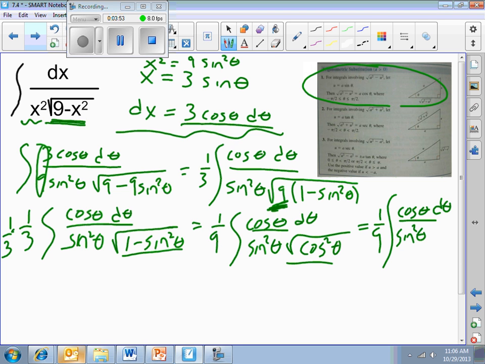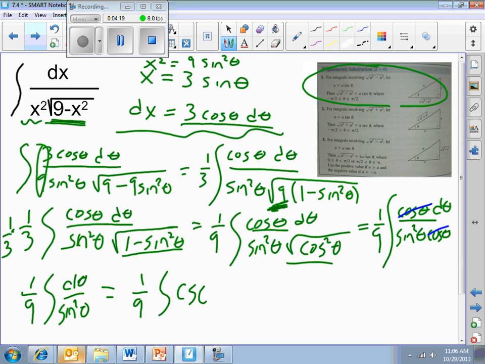Now the square root of cosine squared theta is just cosine theta. Hopefully you can see that the cosine thetas cancel out, and it's going to leave me with, I'm going to write it over here to the left, 1/9 the integral of d theta over sine squared theta, which I will now write as 1/9 the integral of cosecant squared theta d theta.